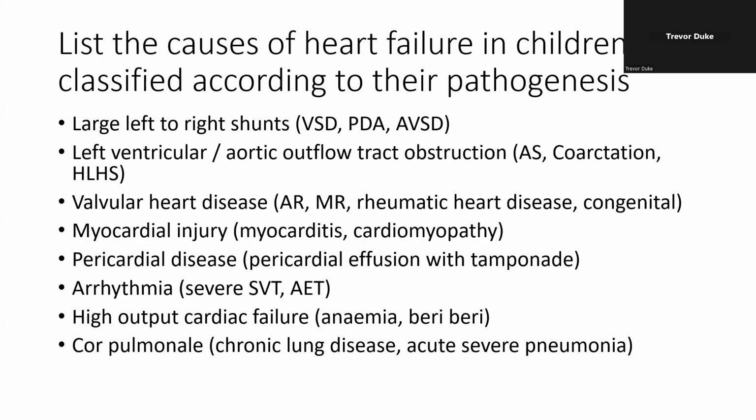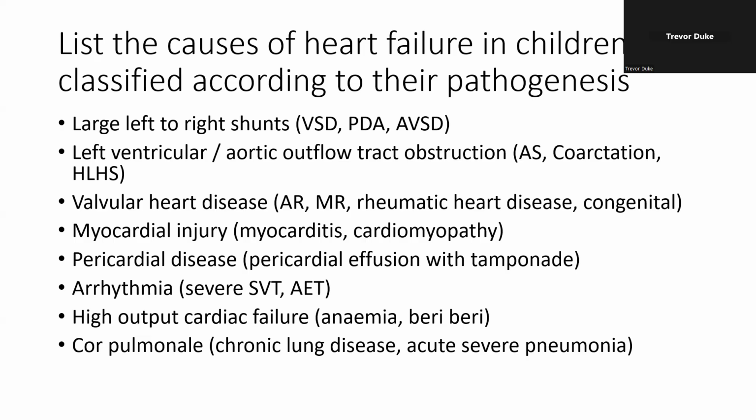And then, not forgetting again the other parts of the heart, the conducting system within the heart. So many different types of arrhythmias can occur that can lead to heart failure, like common ones in children, severe supraventricular tachycardia or atrial ectopic tachycardia. They're two relatively common ones that are often incessant and continuous and can lead to heart failure in children.